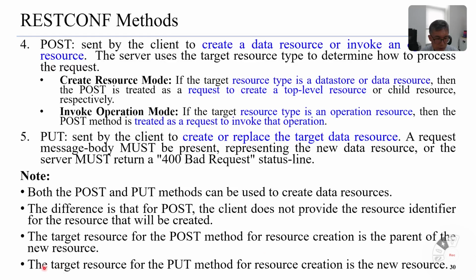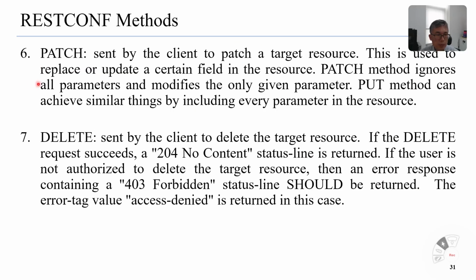Finally, the target resource for the put method for resource creation is the new resource. And then patch and delete. Patch is sent by the client to patch a target resource, used to replace or update a certain field in the resource. And the delete case is used to delete the target resource.